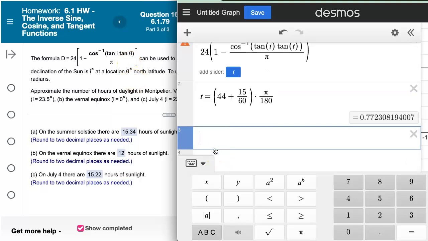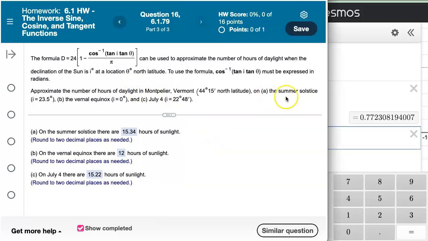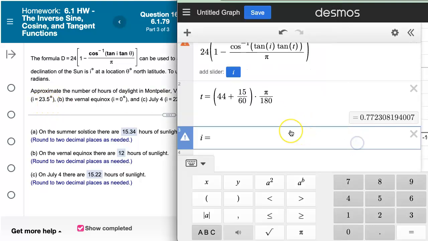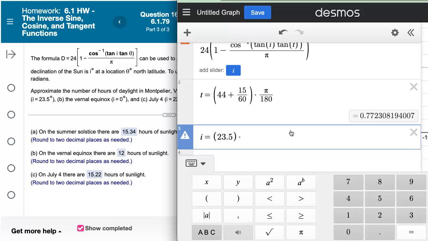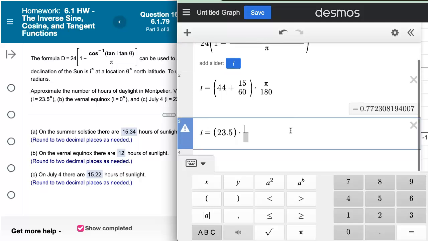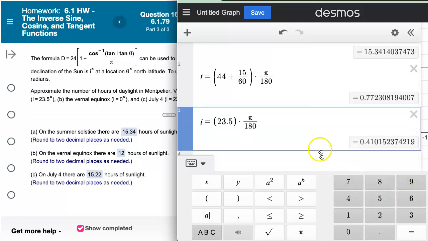Then I'll go down to the next line and write a value for I. Now, I was given three different values for A, B, and C. So let's start off with what it is for A. It's 23.5 degrees. But again, I want to change that to radians, as the problem had indicated earlier, by multiplying by pi over 180.